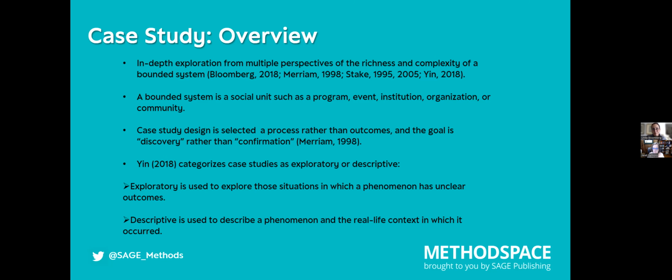A bounded system is a unit, such as a social unit, a program, event, institution, organization, or community. So we're not going to go outside of our specific boundaries through our investigation. The case study is selected as a process rather than outcomes, and the goal is to discover rather than to confirm something. We don't want to confirm something, we want to discover something about it.